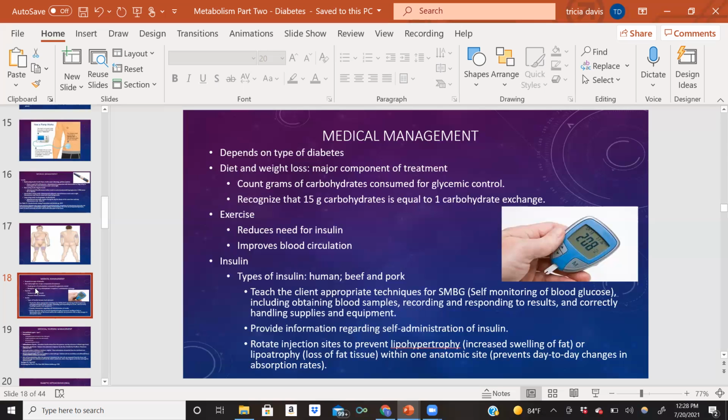We want to make sure that they have all the information they need regarding the self-administration of insulin, make sure that things are written down, give them as much education as possible, and then definitely teach about rotating those sites because we want to prevent that lipohypertrophy or that lipoatrophy with the subcutaneous tissue.